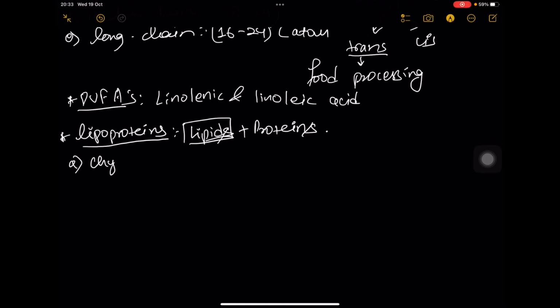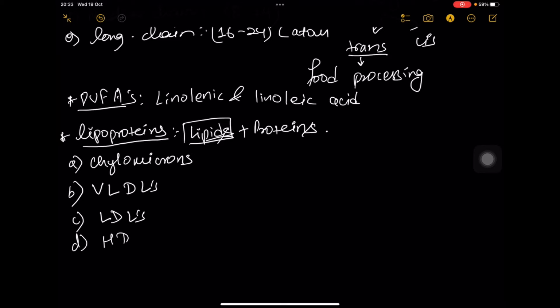First, chylomicrons. Then very low density lipoproteins, low density lipoproteins, and high density lipoproteins. Okay, first of all, let's know about chylomicrons.